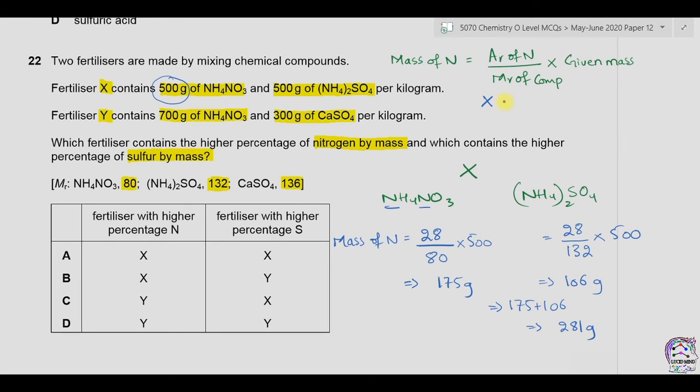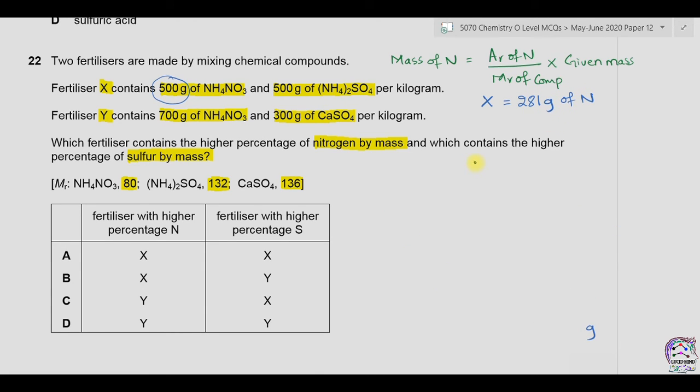So X contains 281 grams of nitrogen. Second is fertilizer Y. We can do the same calculations for fertilizer Y. We have ammonium nitrate and calcium sulfate.